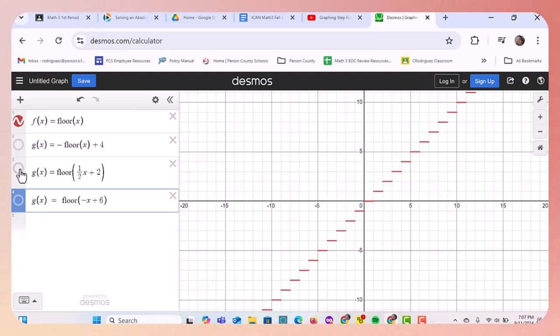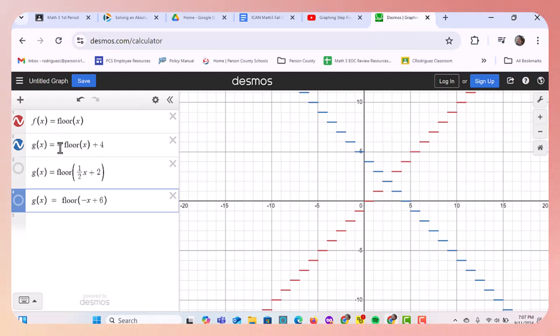Okay, now let's look at the second one. g of x equals -x plus 4. Is that -x? I think so. Well, let me just turn on x plus 4, and then we'll put the negative in front of it. No, that is negative.